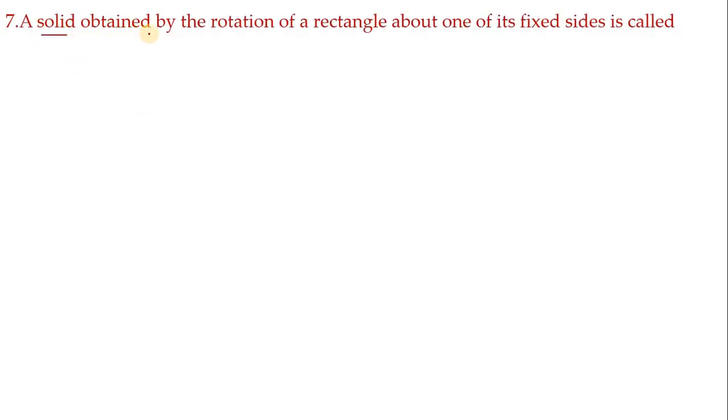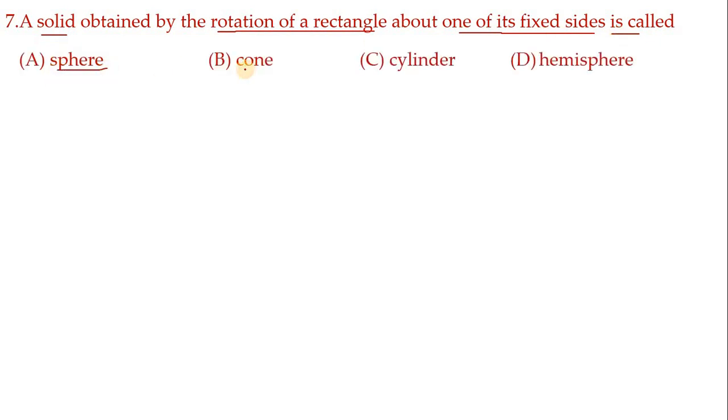Move on to the next one. A solid obtained by rotation of a rectangle about one of its fixed sides is called: sphere, cone, cylinder, hemisphere. Children, understand the problem here. The solid which is obtained by rotation of a rectangle.